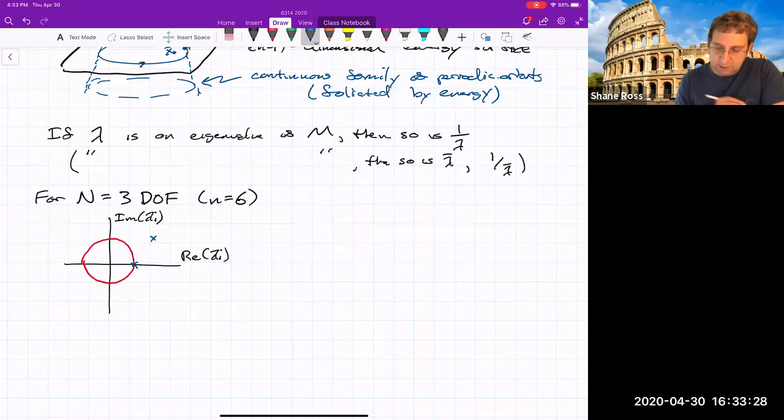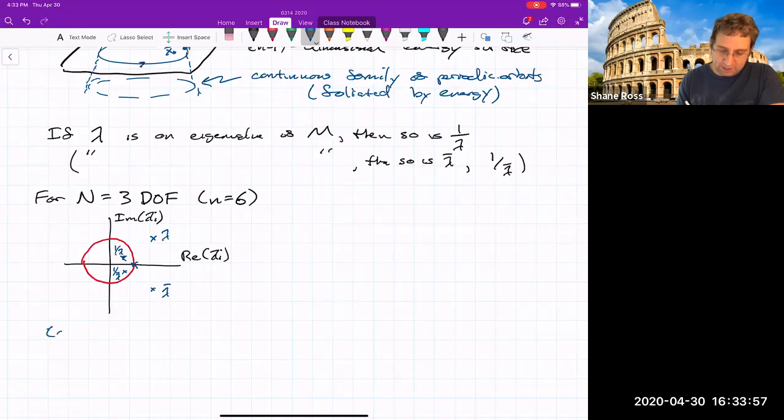If we have something that's outside the unit circle, let's call this lambda. Because M is a real matrix, we get lambda bar, but we also get 1 over lambda, and we'll get 1 over lambda bar. So they come in groups of 4.